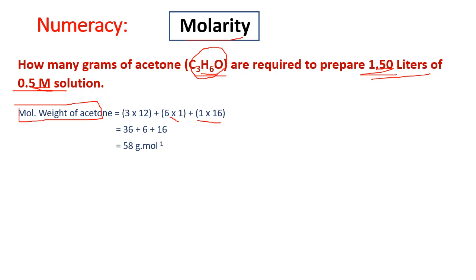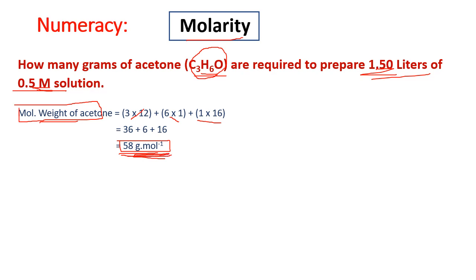Because if you just made a mistake in the carbon, I will not deduct the whole mark. But if you just wrote the final answer and had a minute mistake, then you will lose the whole marks. That's why it's highly preferable to write the molecular weight calculation in a stepwise manner like this in order to reduce the deduction of your marks. And please don't forget the units to be gram per mole.